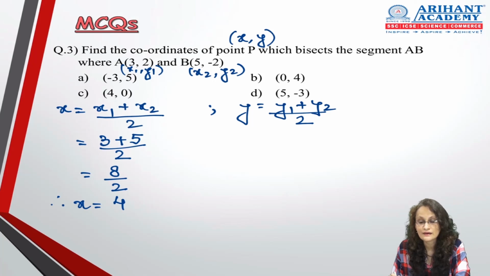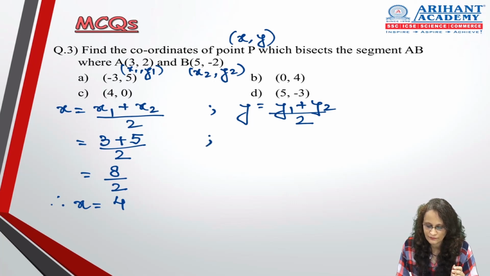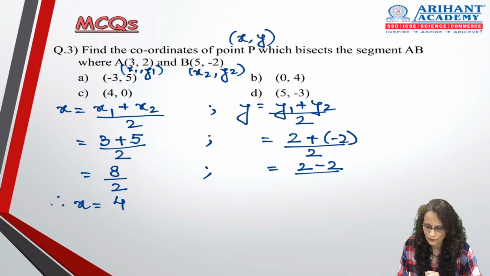So again, kind of maybe you must have guessed your option, but y भी ढूंढ के confirm कर लेते हैं. So this will be y1, which is 2, plus y2, which is -2 upon 2. So this will be 2 plus into minus is a -2 upon 2.